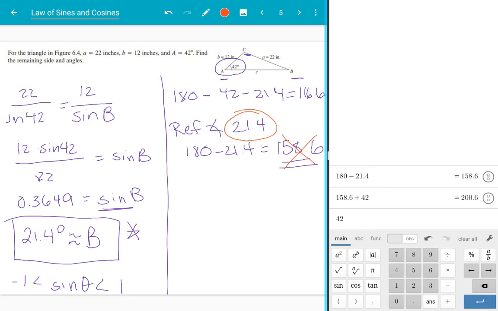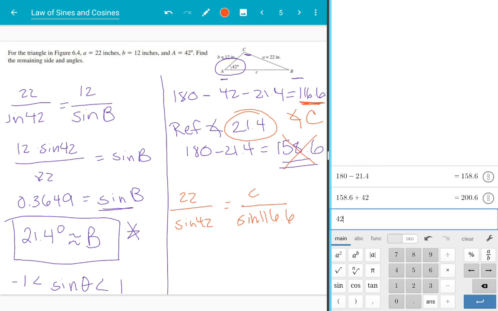So again, the third angle here is 116.6. That's going to be angle C. We have angle B. The only thing we need now is little c. So we'll do 22 over the sine of 42 is equal to little c over the sine of 116.6. Then we go ahead and do that process.